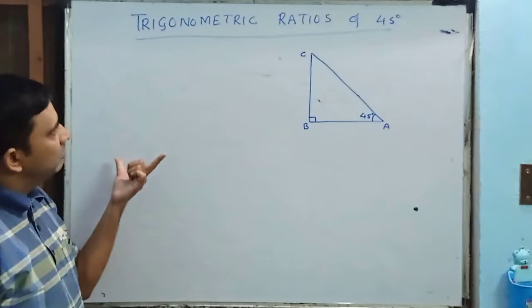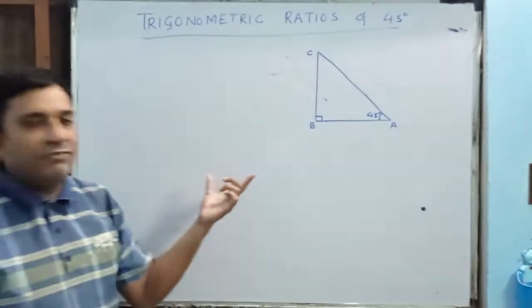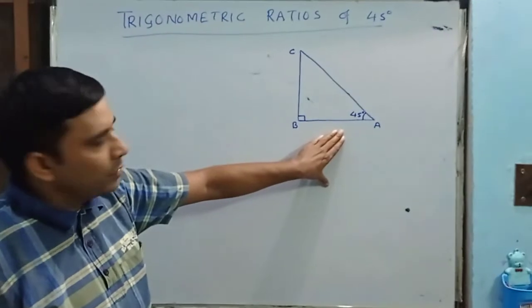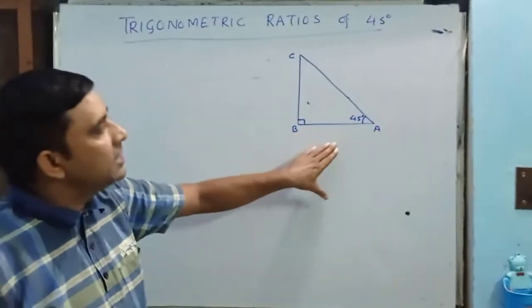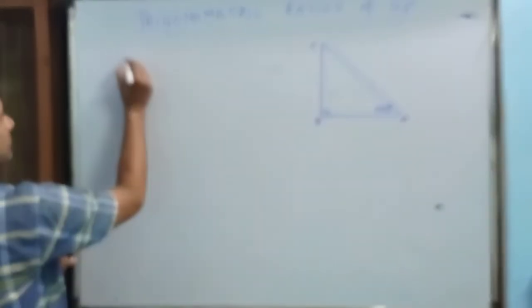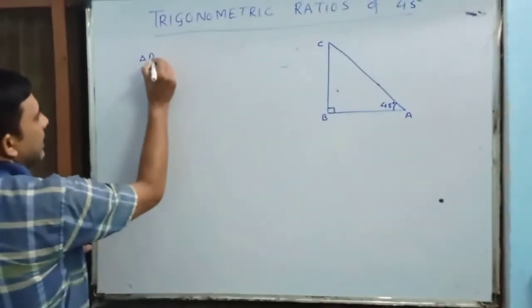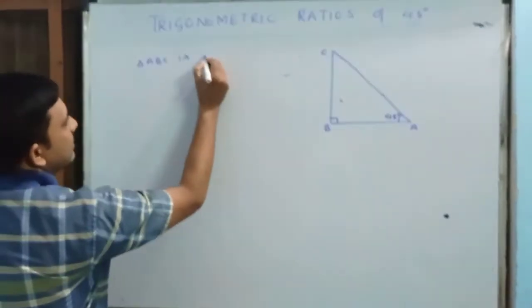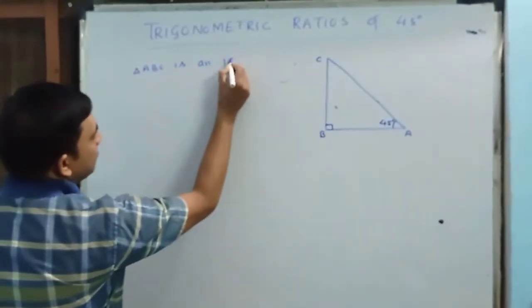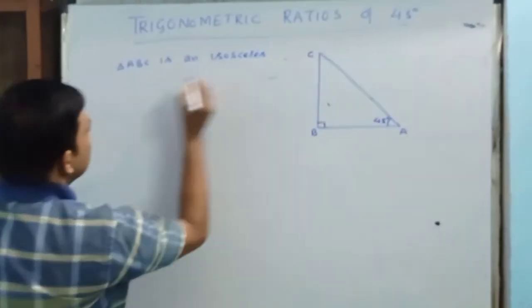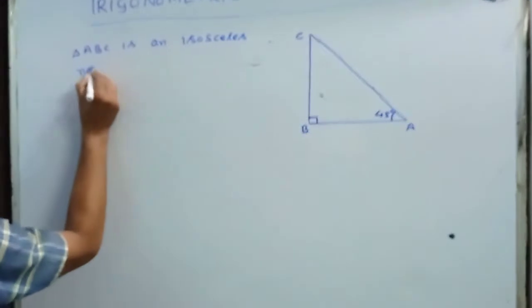Now we will think in which geometric figure we can find 45 degree. So you can see here I have drawn an isosceles right angle triangle ABC.